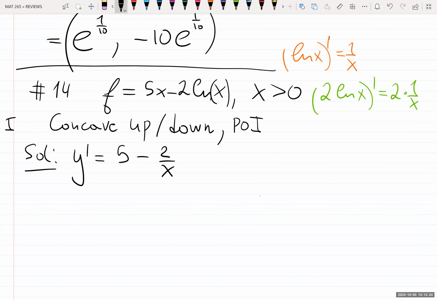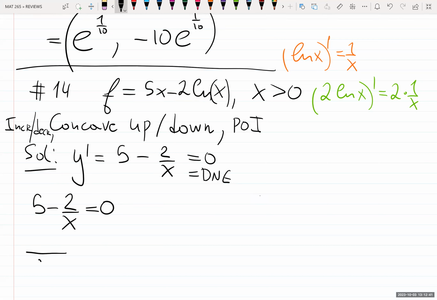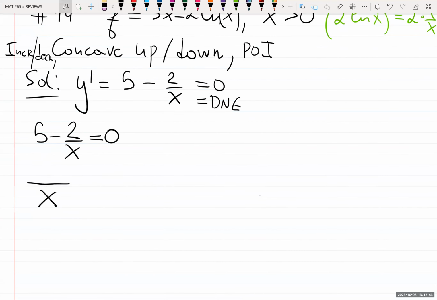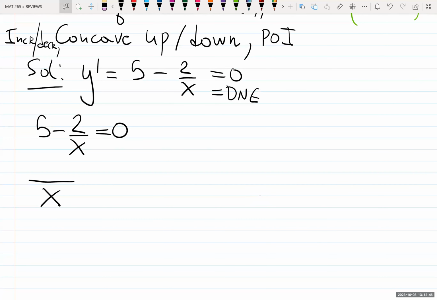So let's find everything quickly. That means increasing, decreasing, then concave up, down, points of inflection. So set it equal to 0, and don't forget D and E. And that's kind of the new part here. You have 5 minus 2 over x equals 0. My suggestion, create a common denominator, it always works so much better than moving it around. I don't recommend you to have 5 equals 2 over x and then solve for x.